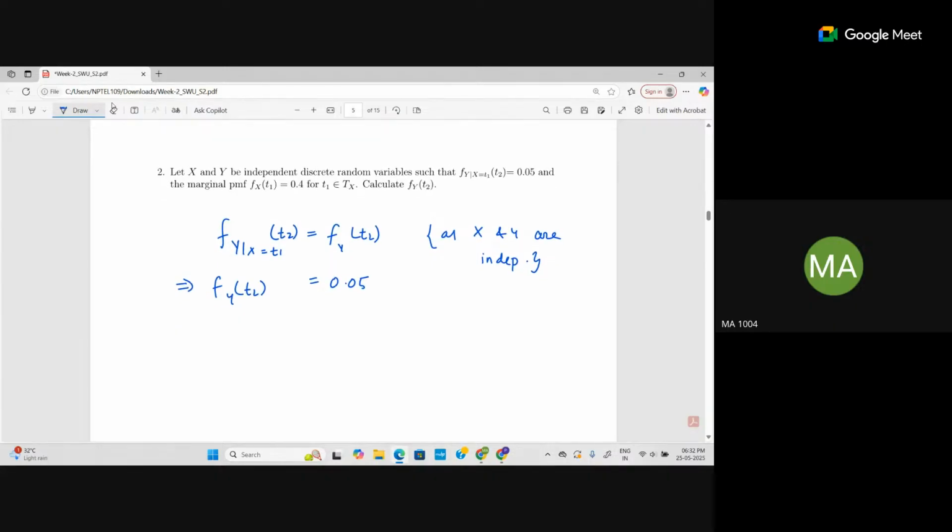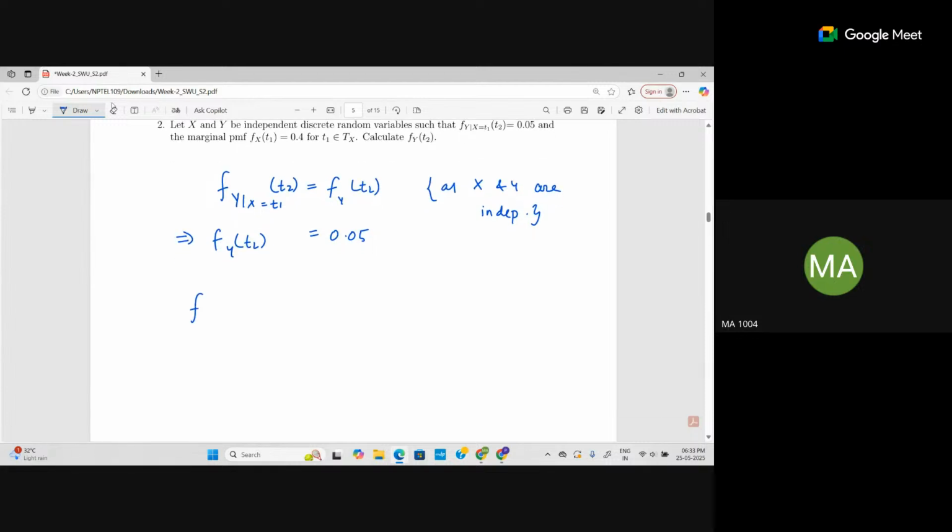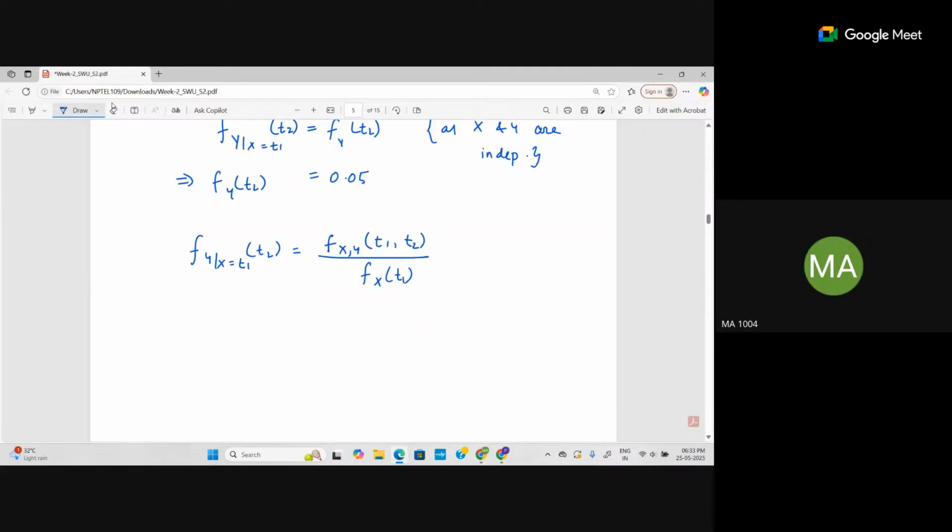Or you can use the formula of conditional probability. So if I open the conditional formula, it will be the joint of x and y divided by the marginal of x. Right? So here this conditional probability is given, which is 0.05.